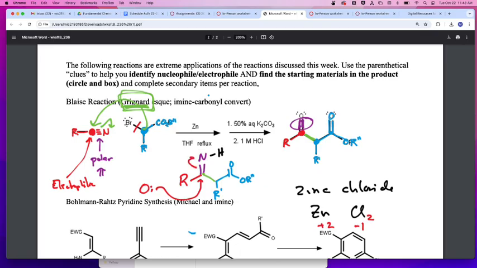Then what do I want it to do? Do it again. I've only broken the pi bond. What do I need to break? The sigma bond. So I would need that oxygen to attack twice. But oxygen has to show up as neutral.